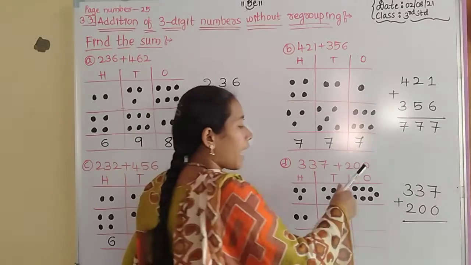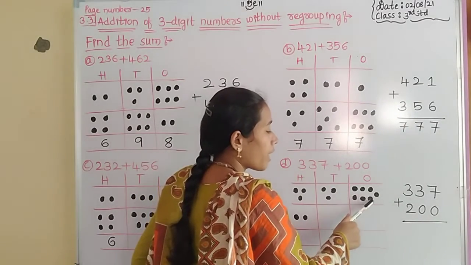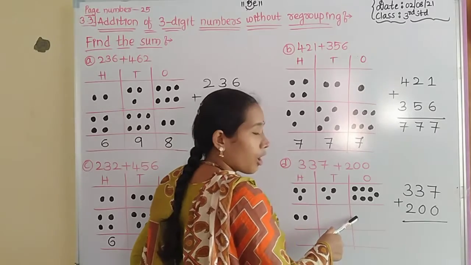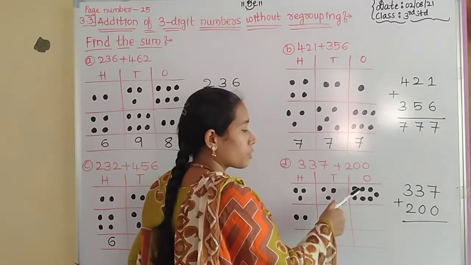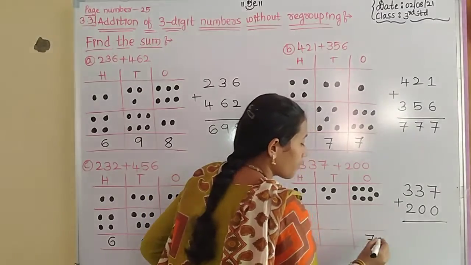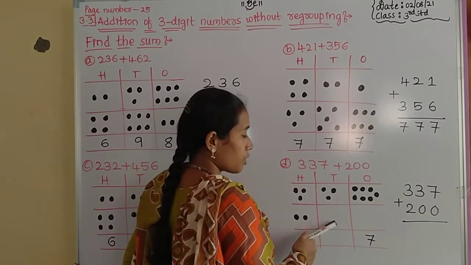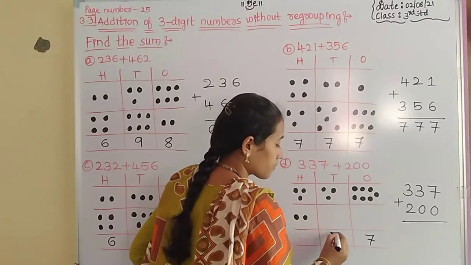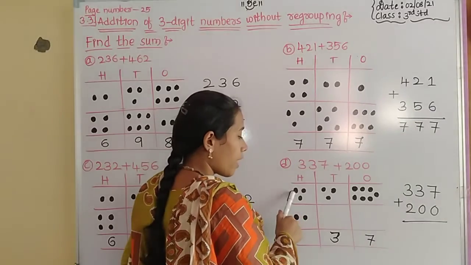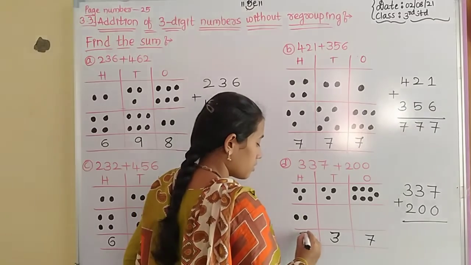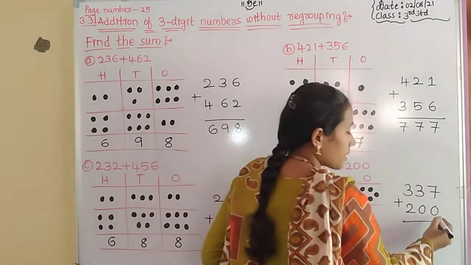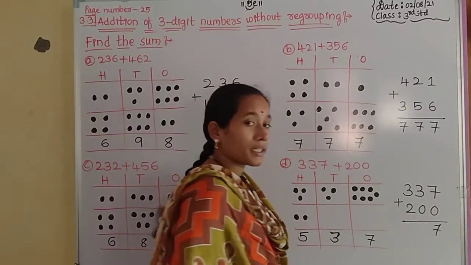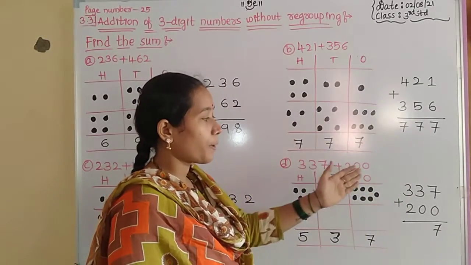Then see, add them: 1, 2, 3, 4, 5, 6, 7. Here, how many dots are there? Nothing. So 7 plus 0 is equal to 7. Then 1, 2, 3, that is 3. Next 1, 2, 3, 4, 5. 7 plus 0 is equal to 7. Which property is it? Very good, the zero property.